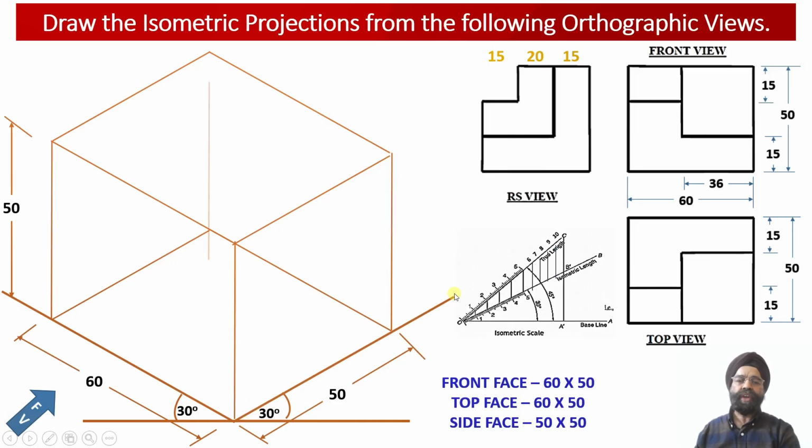Now we have to complete the height corresponding to the rear face of the solid. For the rear face, once again we have drawn a perpendicular projector line, this vertical isometric edge parallel to the y-axis, measuring 50 millimeter, which is the height of the solid.